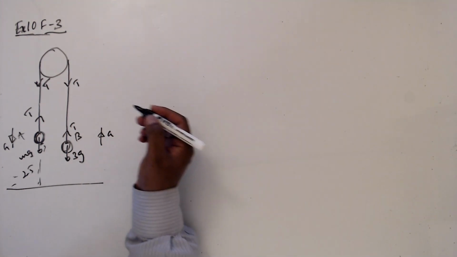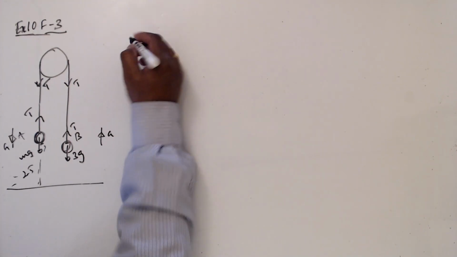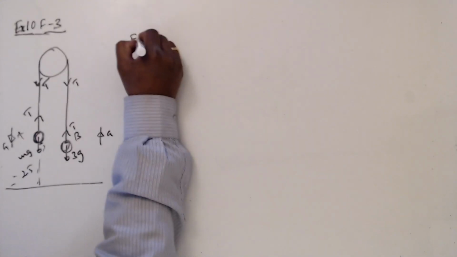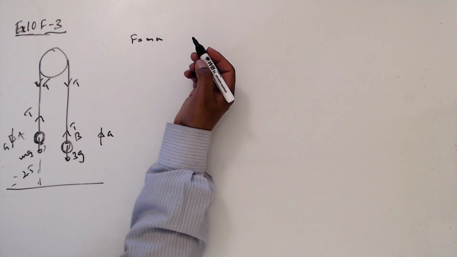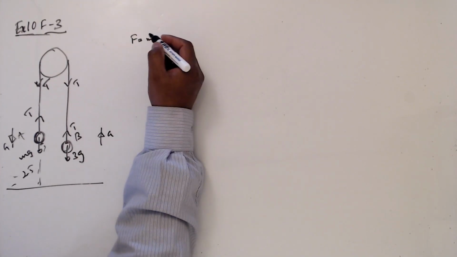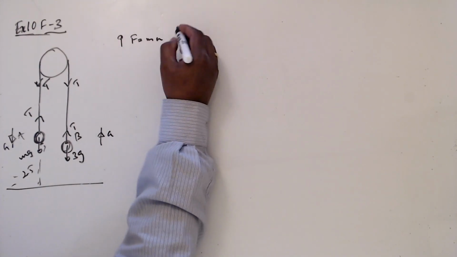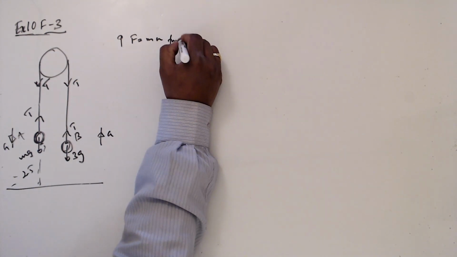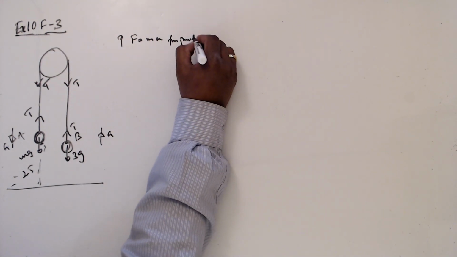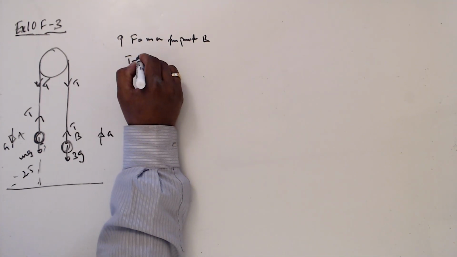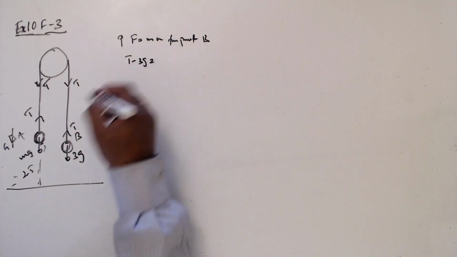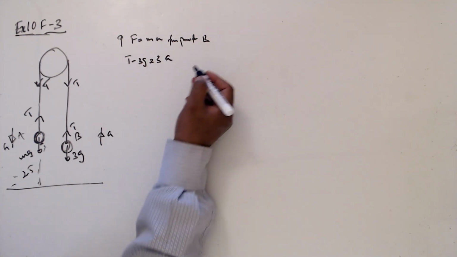Okay, first of all, as usual, we'll put F equal MA. I'm not following the order of ABC. I'll just write the equation F equal MA upward for particle B. Then you will get T minus 3g equal 3 times a.